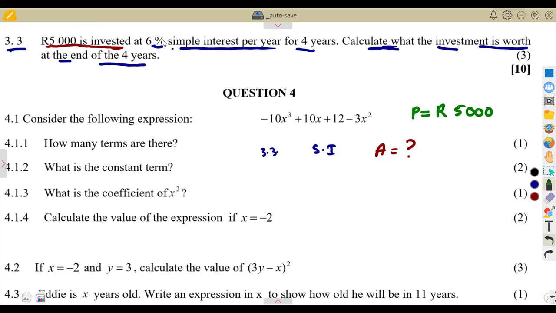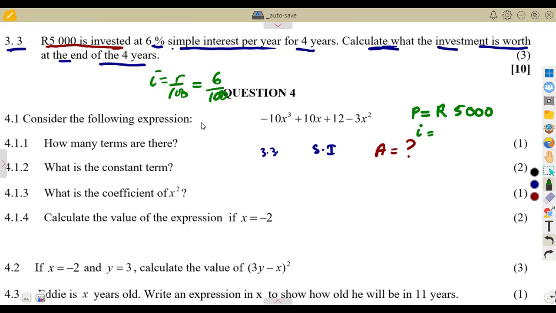At 6% simple interest, you can write R to represent that, or you can write I to represent this. But the moment that you write the interest rate as I, you must remove the percentage. How do you remove the percentage? I is equal to R over 100%, which is 6 over 100.